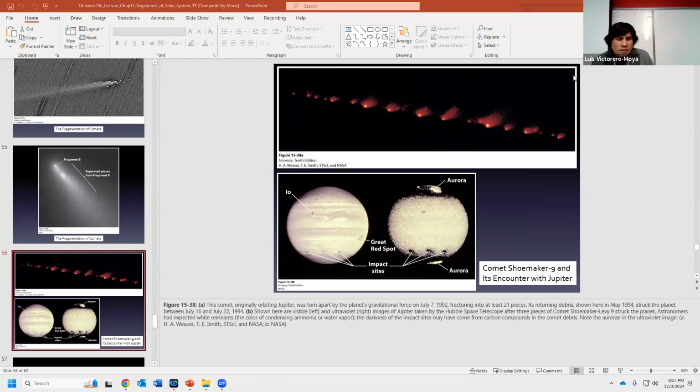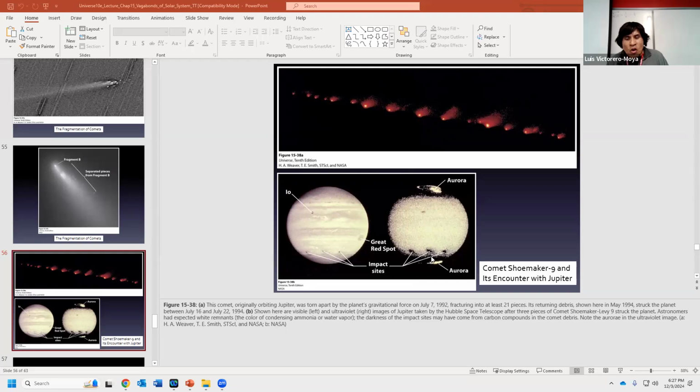I read this in the magazine about this comet that a lot of people were scared about because it crashed into Jupiter, and some people didn't really know what the effects were going to be, right? It's a gas giant. So we know there were some perturbations in the atmosphere. You see the impact size in there?